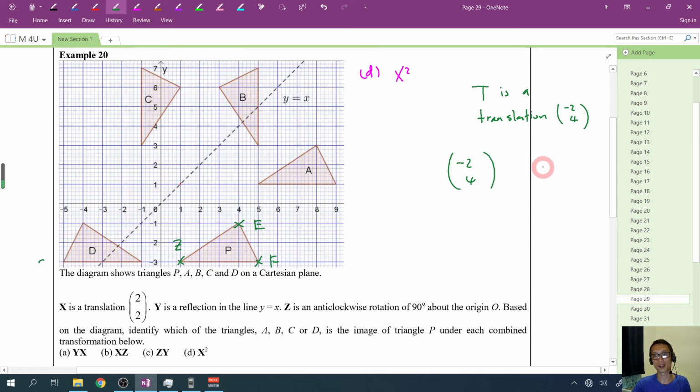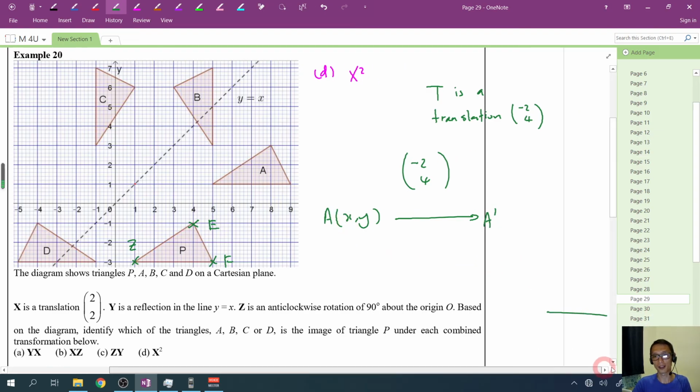Let's say I have a point (x, y). I need to undergo this translation the first time, and then I get the image for this point. Now we need to do the second time.